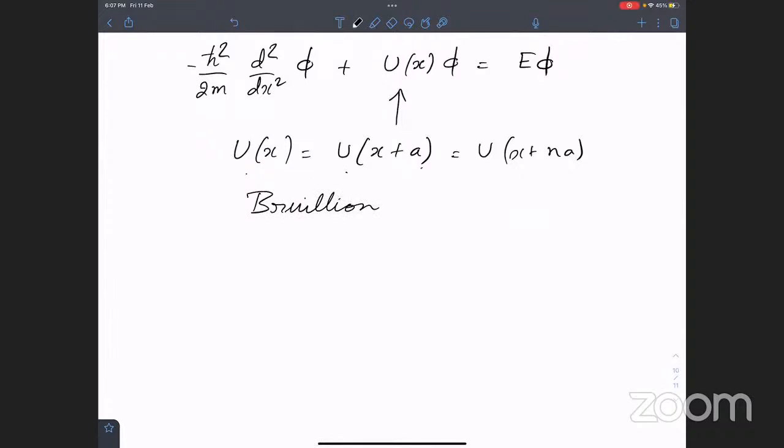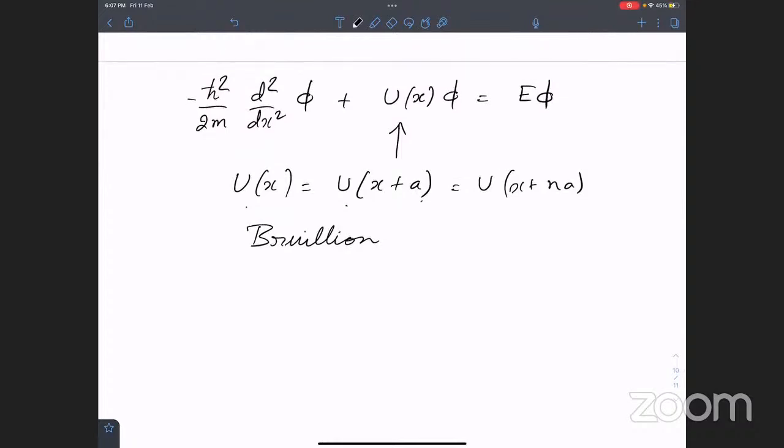So this Brillouin zone comes from this mathematician or physicist called Brillouin. People say Brillouin and so on. It's a French name. We are not going to go into Brillouin's theorem.